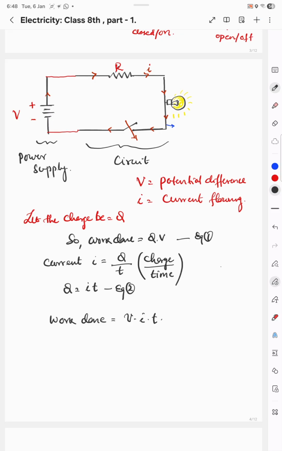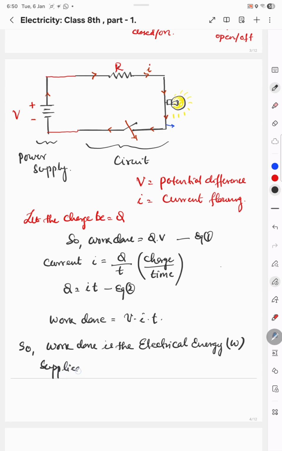So work done is basically the amount of energy being supplied by the source or the battery to the circuit. So work done is the electrical energy W supplied by the source.